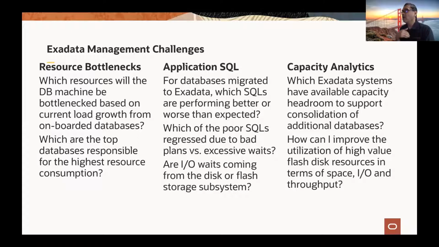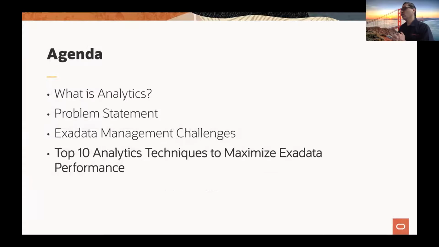And other questions you should be able to answer is, do my flash and disk resources have enough capacity, both physically as well as in terms of IO and throughput? So can we answer these questions out of the box, systemically across a fleet of databases, not one at a time, but over a historical period of time? So those are the questions that my techniques will help you to answer.